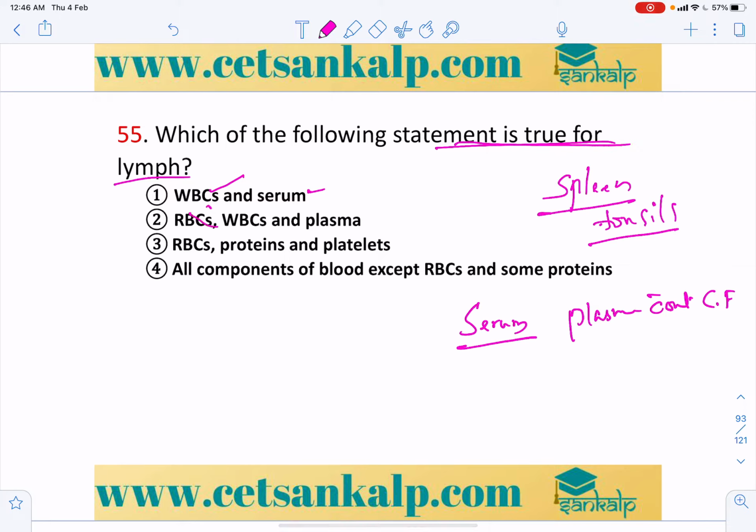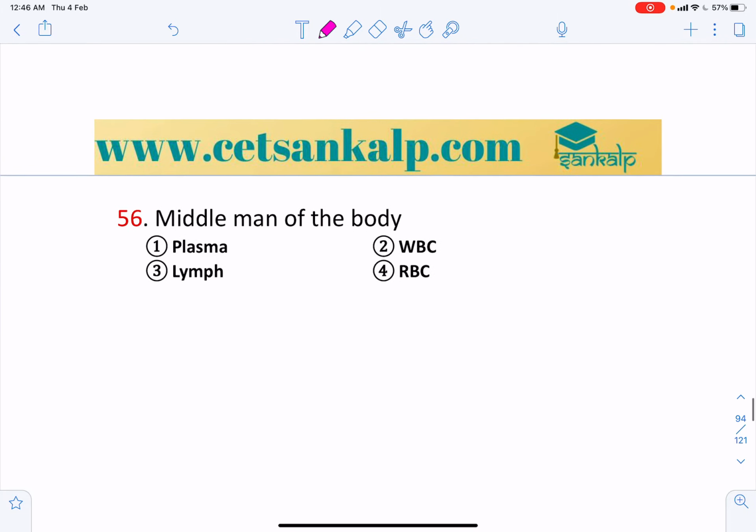There won't be RBCs, and this content will be there: RBCs, proteins and platelets. So all the components of the blood except RBCs and some proteins. Serum means no clotting factor, but clotting factor will be there, so we won't consider that. True for that: all components except RBCs and some proteins will be there along with the plasma.